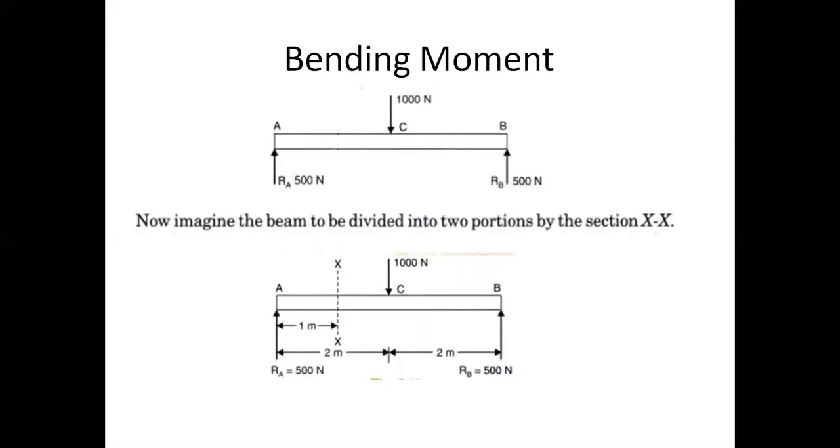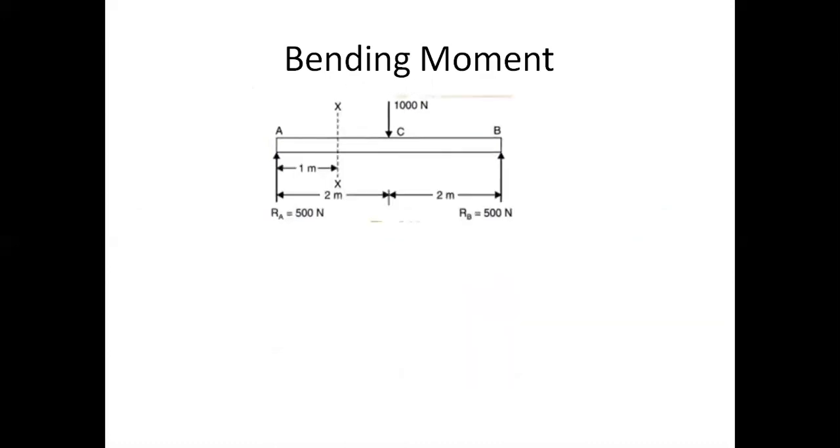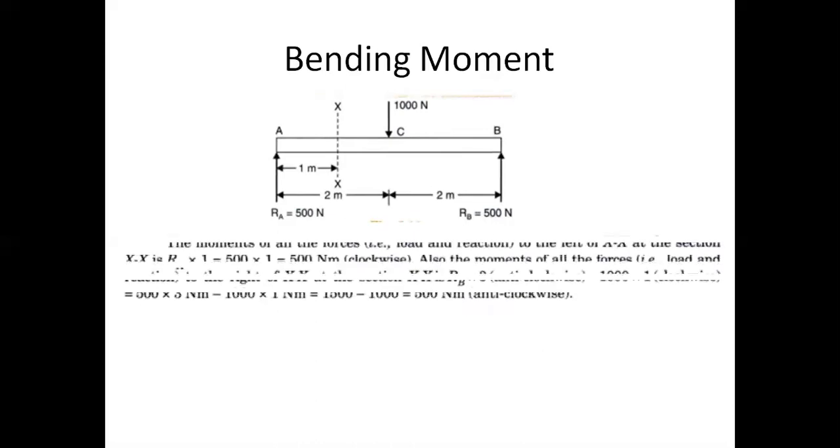How is the section made? For example, take the entire span as 4 meters. So A to C is 2 meters and C to B is 2 meters. Let us take a section 1 meter from A. So this is 1 meter from A.